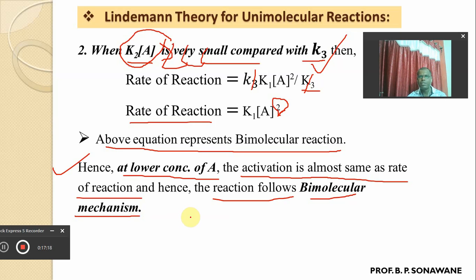Definitely this Lindemann theory is useful to explain the rate of unimolecular reaction based upon the collision theory, based upon the bimolecular reaction. We also discussed both cases: when the concentration of reactant is very high compared to K3, which means the rate of decomposition, the reaction behaves as a unimolecular reaction, and when the concentration of reactant is very low, the reaction follows the bimolecular mechanism.